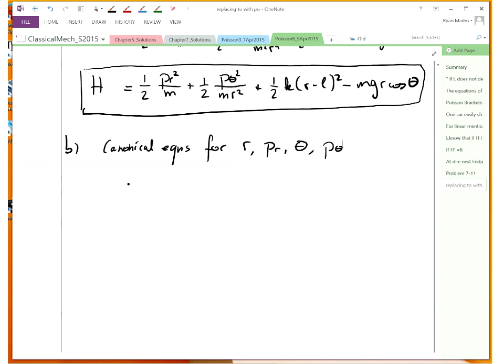Now I have to do all the canonical equations, remember? So the canonical equations are that Qi dot is ∂H/∂Pi, and Pi dot is minus ∂H/∂Qi.